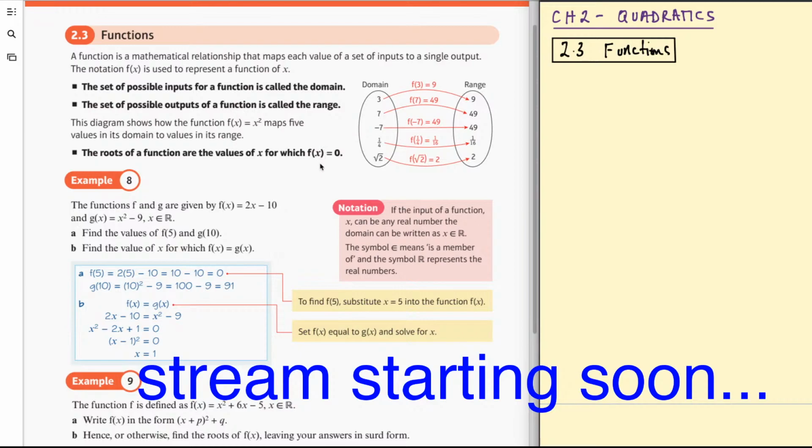So why do we introduce this new notation? The first reason is that, well, let's think of an example like y equals x squared plus 3. If we're using function notation, we would say f of x equals x squared plus 3.